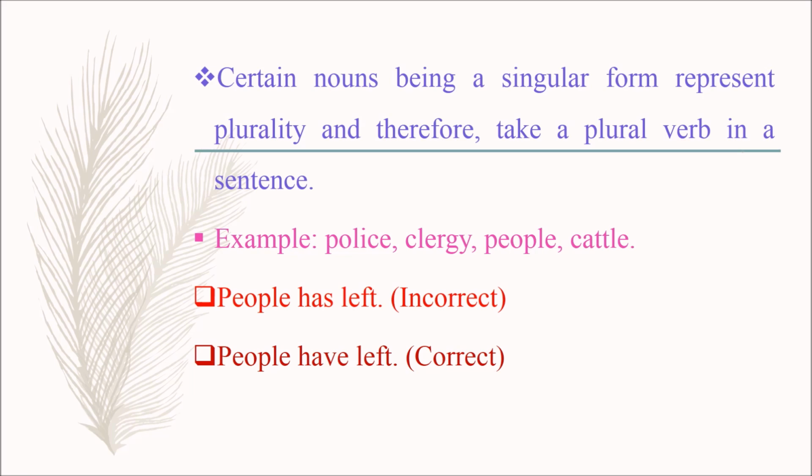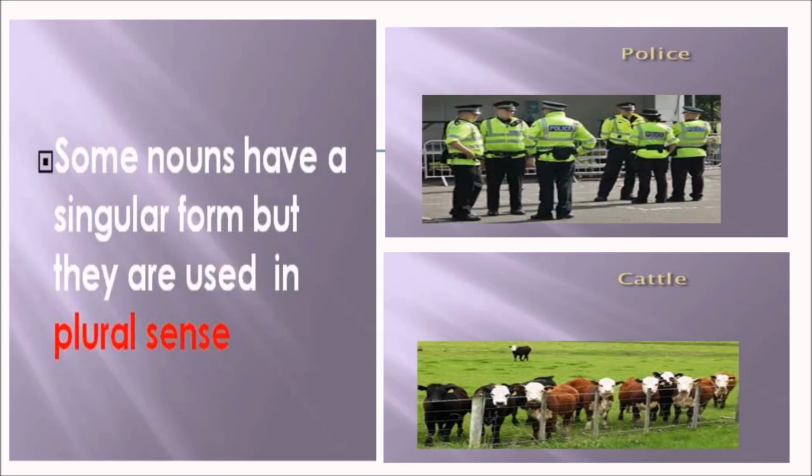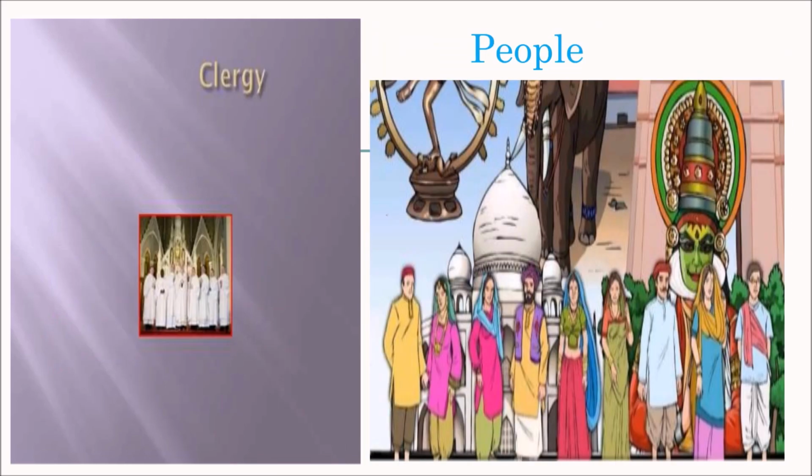Let's see the first sentence. People has left. Is that a correct sentence? No. The correct sentence is: people have left. Some nouns have a singular form but they are used in a plural sense, like police, cattle, clergy, people, etc.